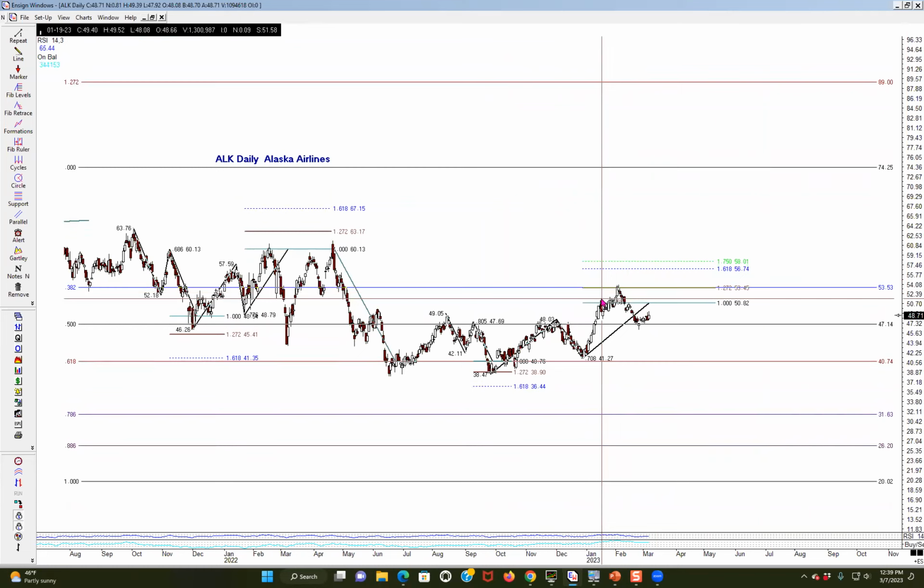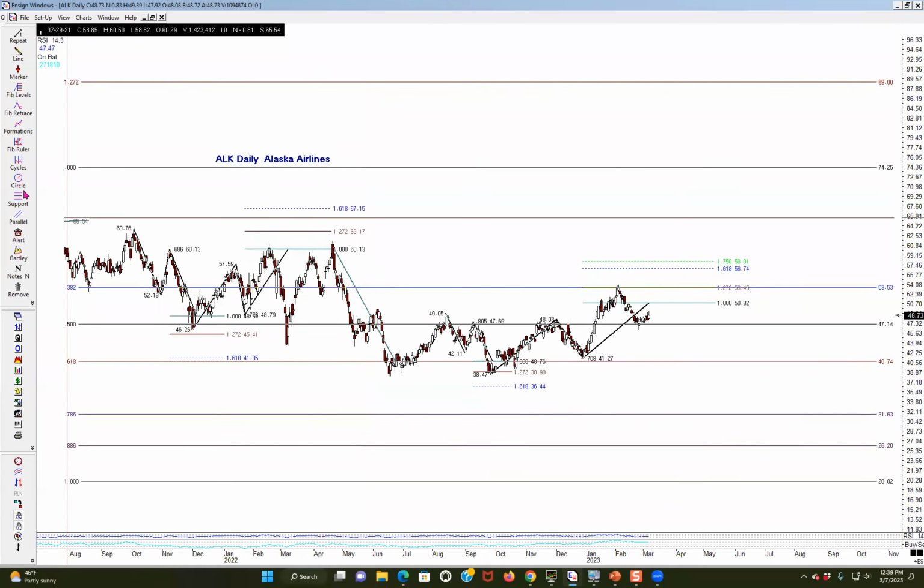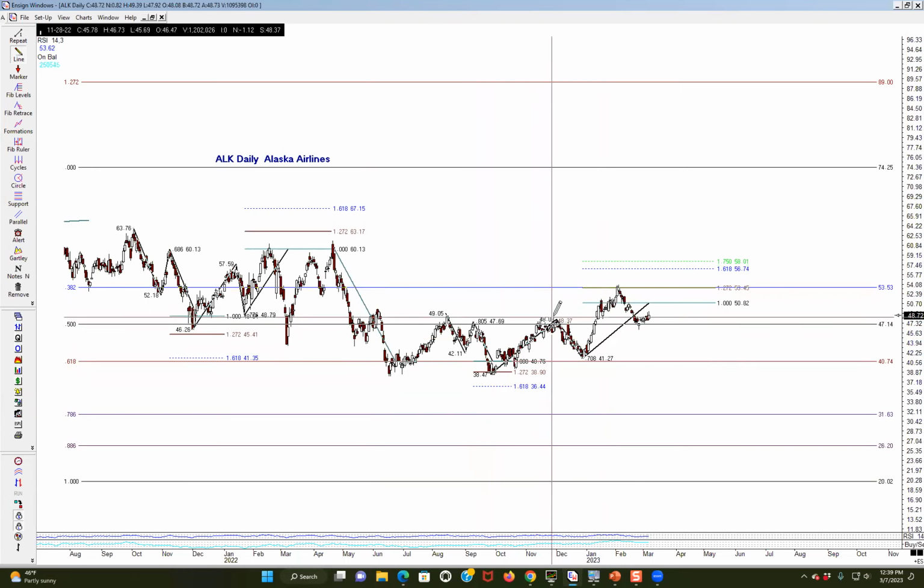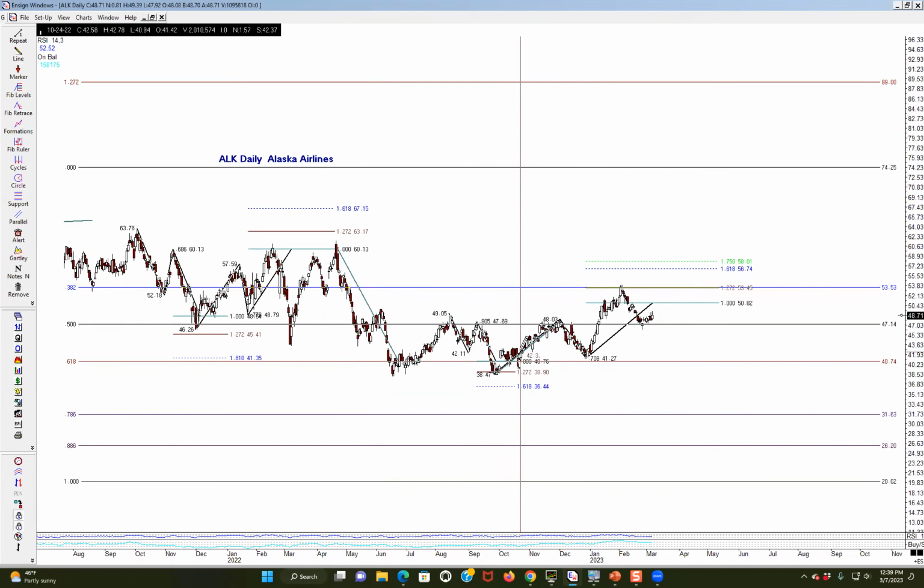Now, something that I want to point out with this pattern, something you'll learn in either of the courses, the introductory one or the full 12-hour course, is to notice the slope and angle of this. That line's a little hard to see, but I'm going to clone it and drop it over here. Notice the difference between the slope and the angle.